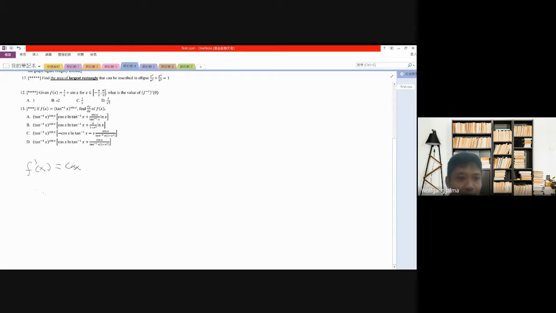So the derivative of the inverse at 0 is equal to 1 over the derivative of f at 0, and this is 1 over cos 0, so equal to 1.